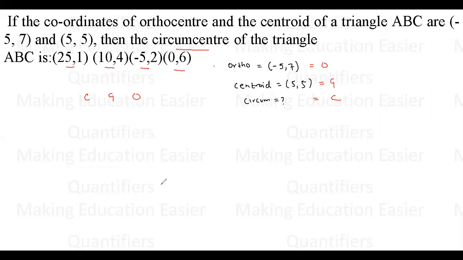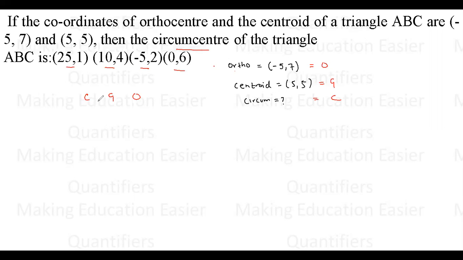So for any triangle, students, for any triangle, all these 3 points will always lie in a straight line. बहुत ही important चीज है. For any triangle, these 3 points will always lie in a straight line. And their distances will be in the ratio of 1:2.